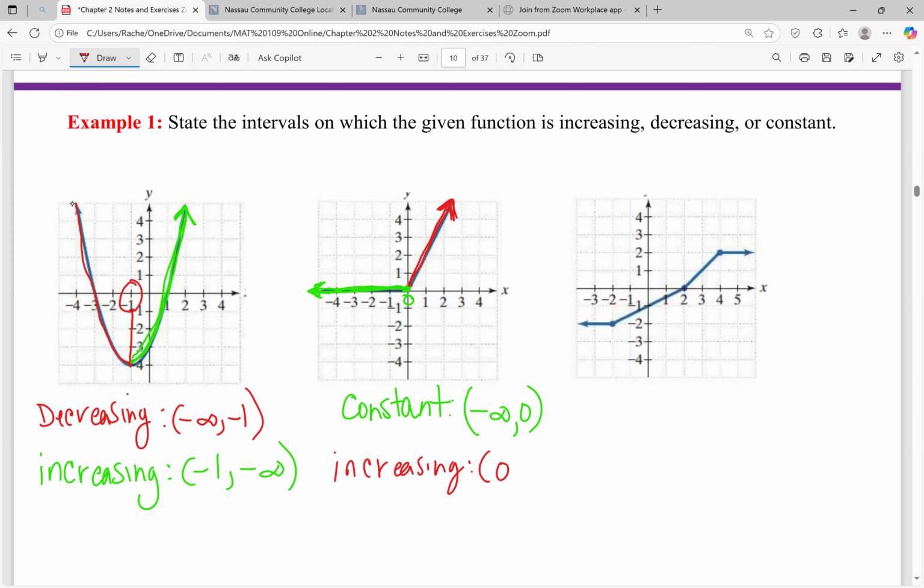Now let's pick some other values that are less than 1. How about 0? If I plug in 0, I'm going to have 1/2 times 0 squared, which is 0. Pick another number that's less than 1. How about -1? -1 squared is 1, and 1 times a half is a half.